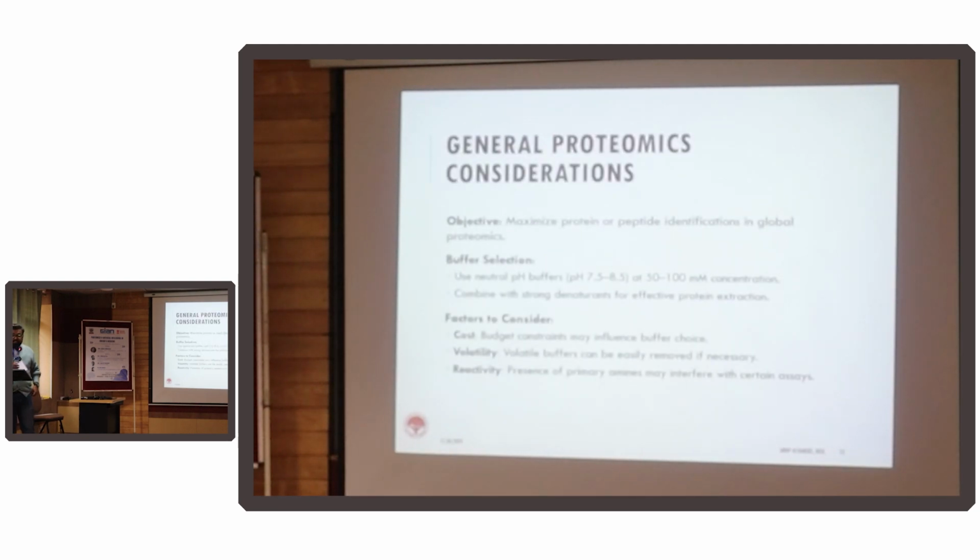So getting into global proteomics, a good buffer should have, as I said, 7.5 to 8.5 pH, and you have to combine it with strong denaturants for effective extraction. So what is a denaturant? Why do we need a denaturant?